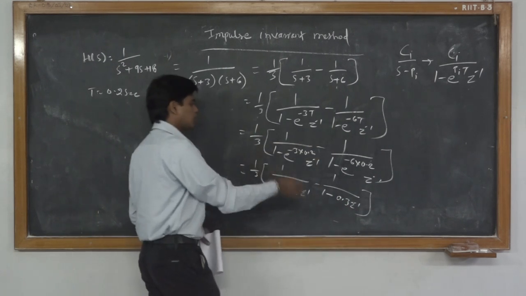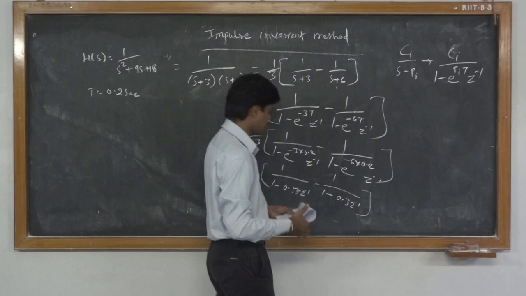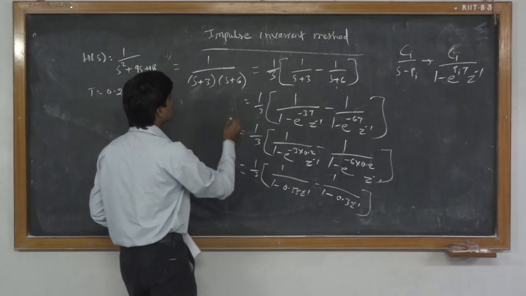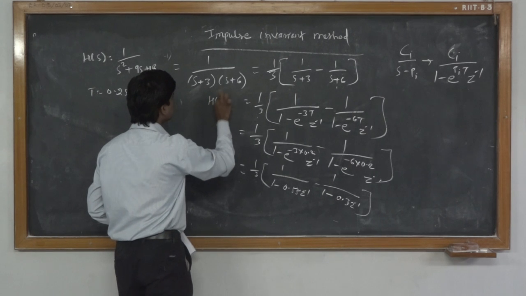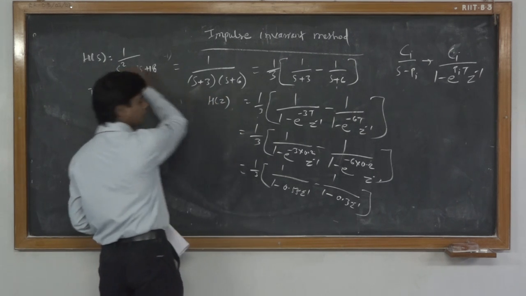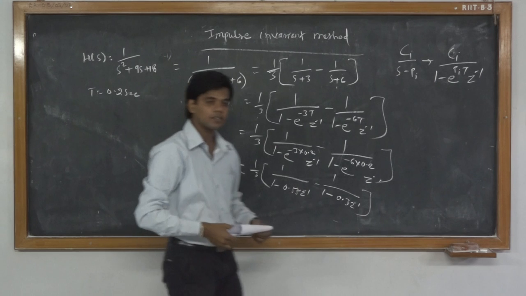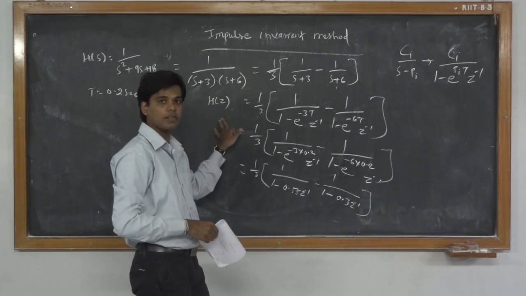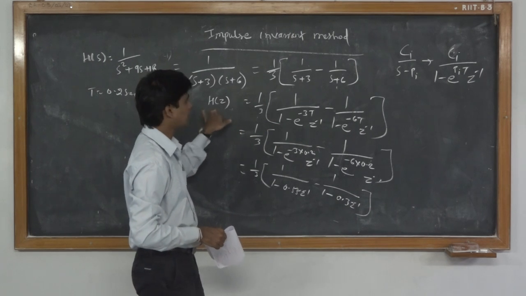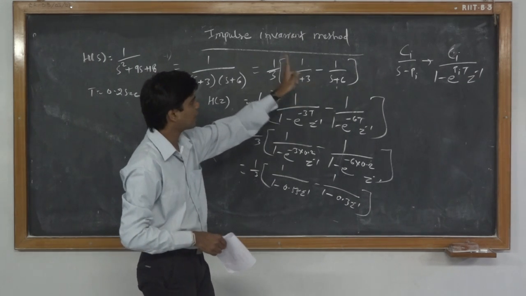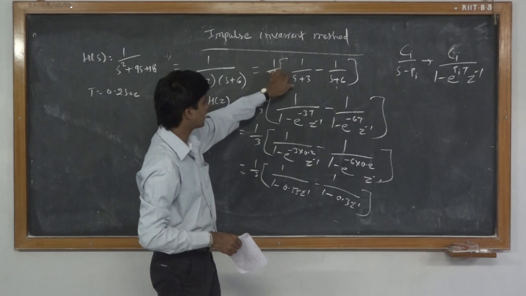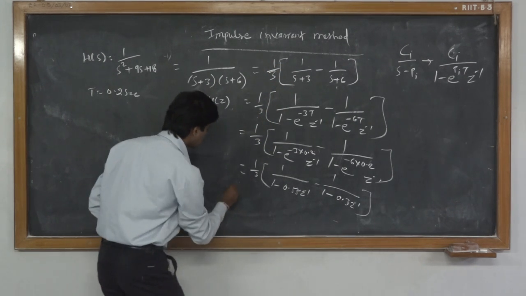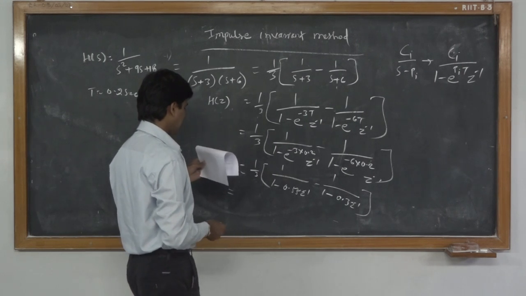Next step is to just cross multiply this, and we need to simplify it so that we can get a final answer of H of z. So this is nothing but H of z. We had started with H of s, that is the analog transfer function. Using the impulse invariant method, we have found the equivalent digital transfer function, that is H of z, after applying that formula. So when we apply that formula, this thing gets transformed to this, and we get H of z.